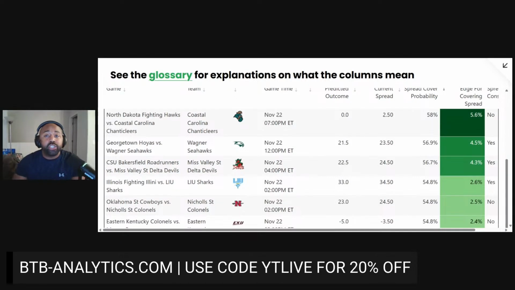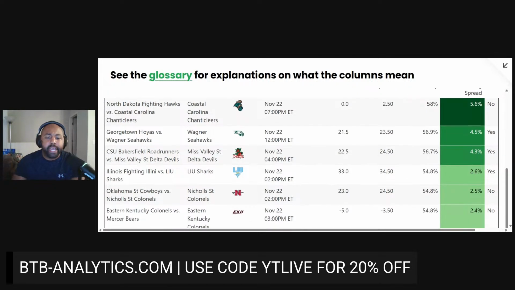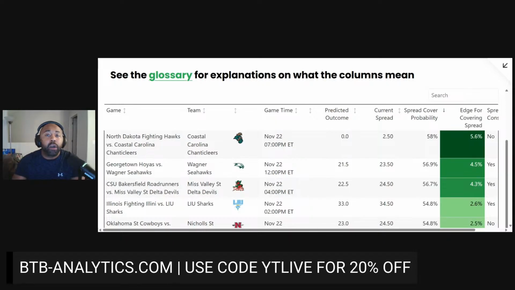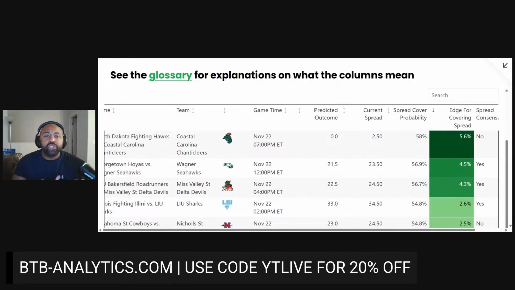And a lot of value in general is going to be on some of these Power Five conference teams. I think we have Penn State in another game here that we show value on for a certain direction. But more often than not, you're going to see a ton of value on these ESPN Plus high school gymnasium games. That's the beauty of college basketball: there are 365 D1 teams now, so there's just too much volume to always have sharp lines. That's where you can pick them off.